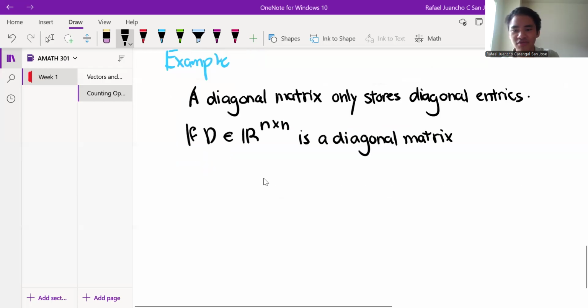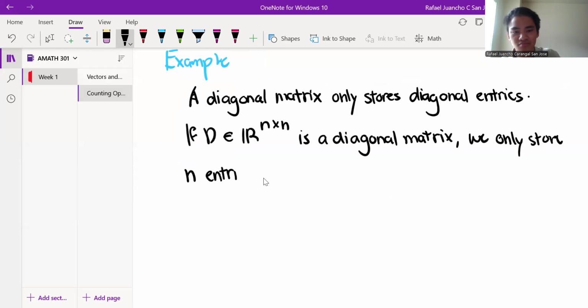So what we're actually doing is we only store n entries, not our usual n squared, right? Let's look at that. Let's say here we have some values. I'm going to say 1, 2, 3.